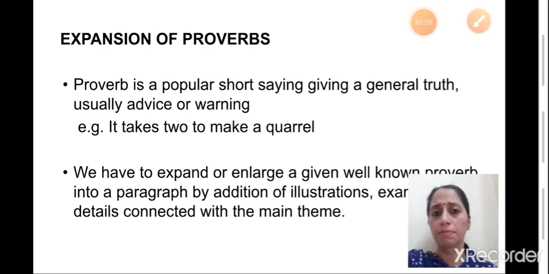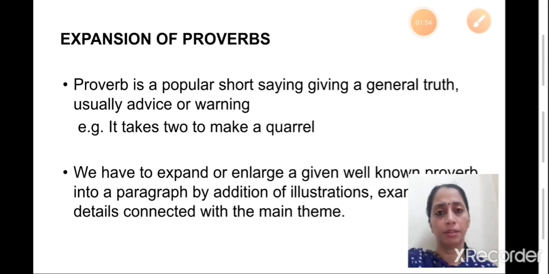So what is expansion of proverb? Now that you have understood what is a proverb, let us move to the next part, that is expansion of proverb. What exactly do you mean by expansion of proverb? Basically, they'll be giving you one proverb and you have to expand it.